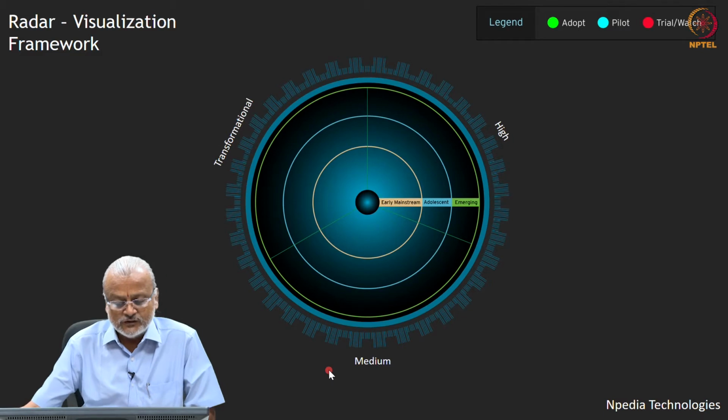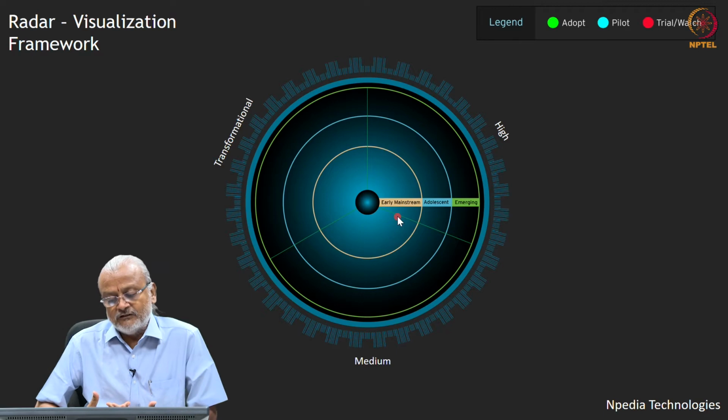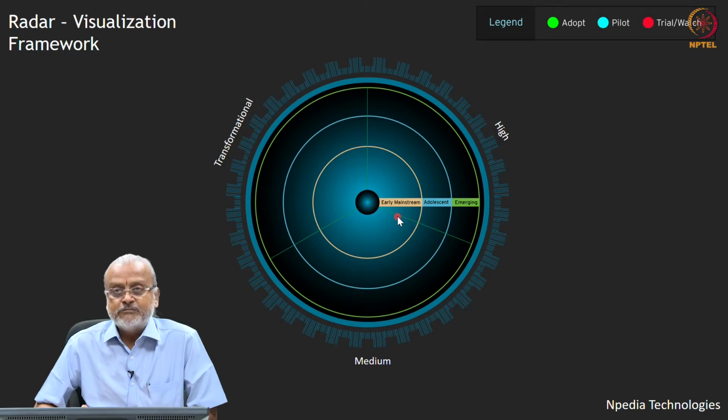What is interesting is you will notice an additional ring-level legend that says emerging technology, adolescent and early mainstream. These are indicators of where the technology currently is. Emerging means that there are disruptive technologies available in the market. Disruptive means it is changing the business model, the service model.